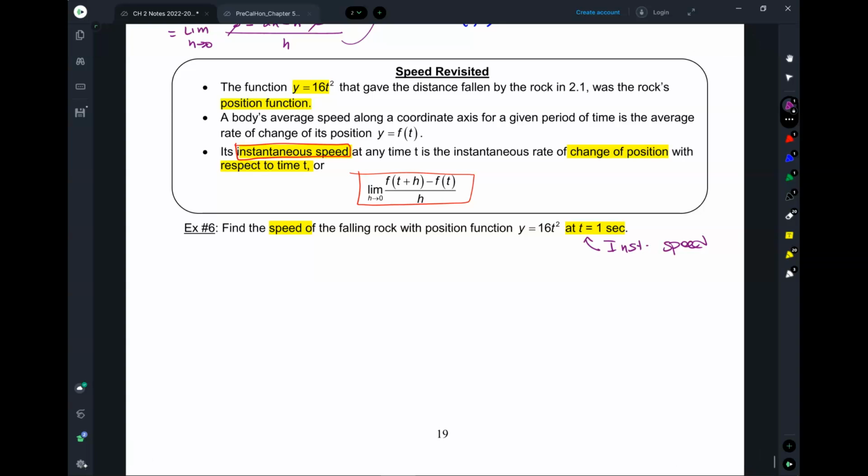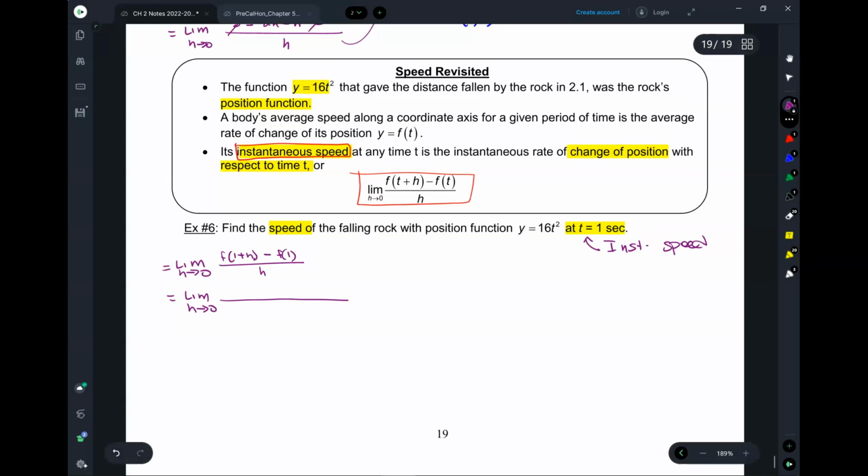So we're going to say, okay, speed is the limit as h approaches 0 of f of t plus h, that's going to be f of 1 plus h, minus f of 1, all over h. Okay, so this is 16 times (1 plus h) squared, minus 16 times 1 squared, all over h.